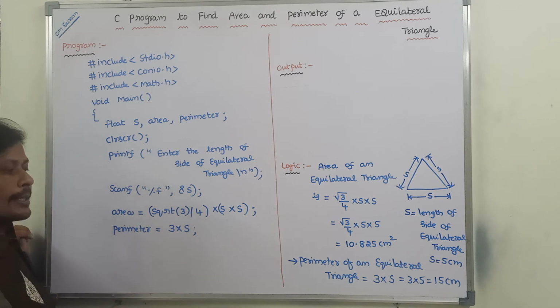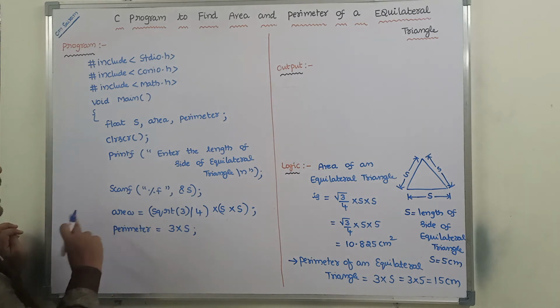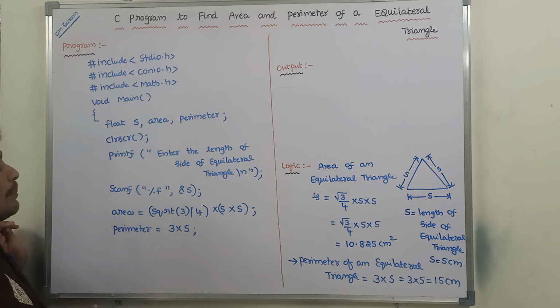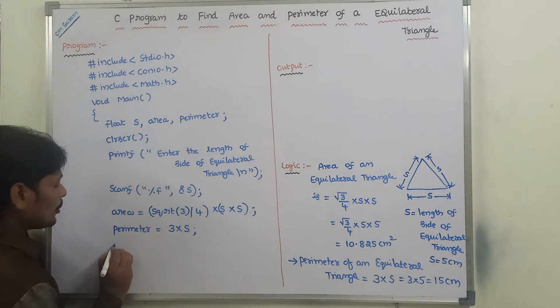Once we have calculated the area and perimeter of the equilateral triangle, we have to print them.